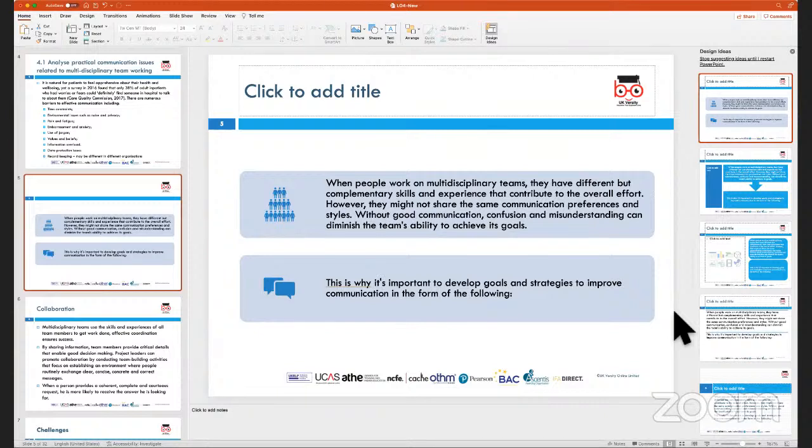So in some cases, the level of information which is shared can cause miscommunication, confusion and misunderstanding, and can diminish the ability of providing integrated care to achieve goals.